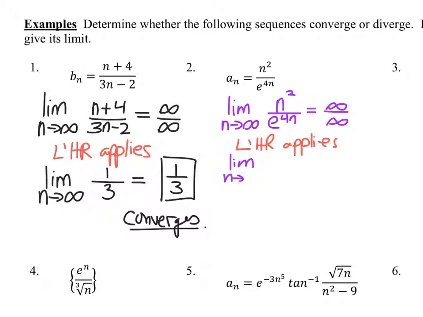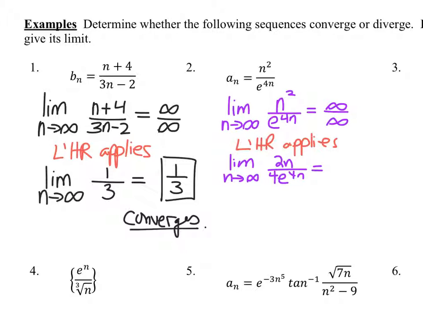So derivative top and bottom, I'm looking at 2n over 4e to the 4n. Derivative of an exponential function, keep it as is and then multiply by the derivative of the exponent, which would be 4. Again, derivatives of the top and bottom separately, not quotient rule.